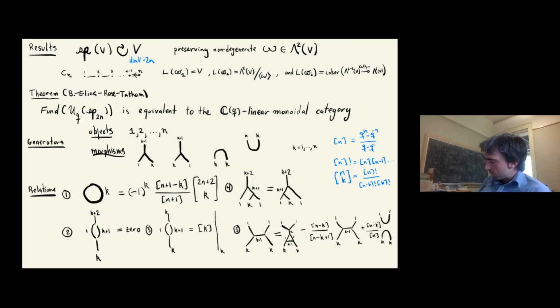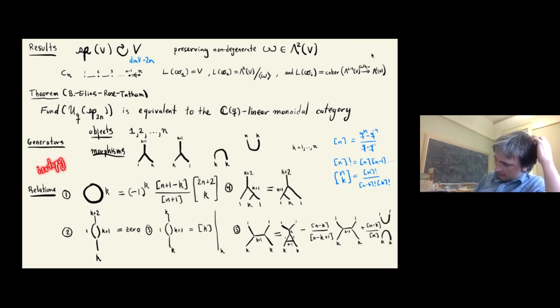Can I ask a question? Yes, please. So your trivalent vertices, if you bend one of the rungs upwards, does it become the other? Do you have real isotopy invariance? I'm just ignoring that in this statement. I assume so, but this is presented with full isotopy.